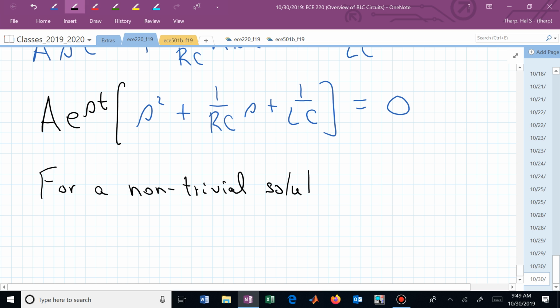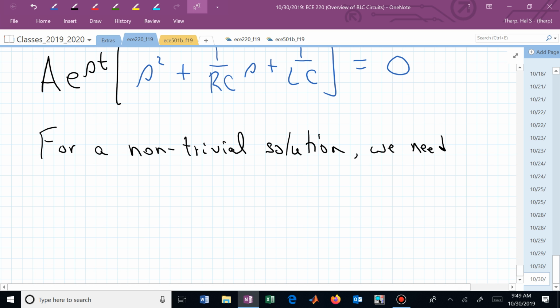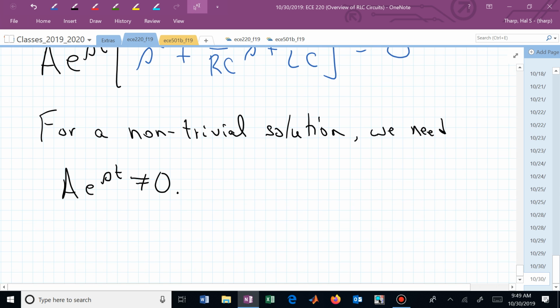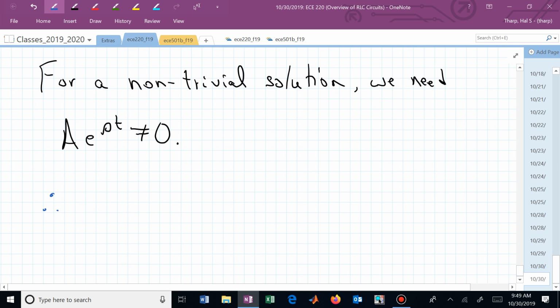For a non-trivial solution to this parallel RLC circuit, we need A e to the st to not equal 0. And that now allows us to say that whatever was in the brackets, therefore s squared plus 1 over RC s plus 1 over LC is equal to 0. And that looked like an L up top. It shouldn't be. That's now 1 over RC.